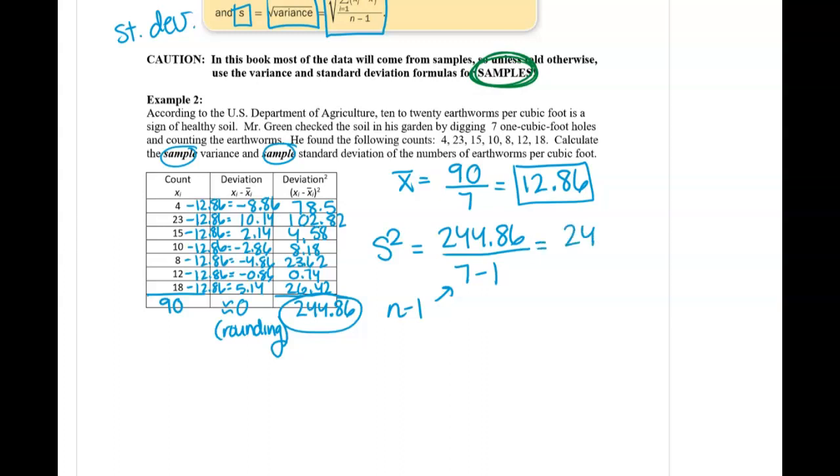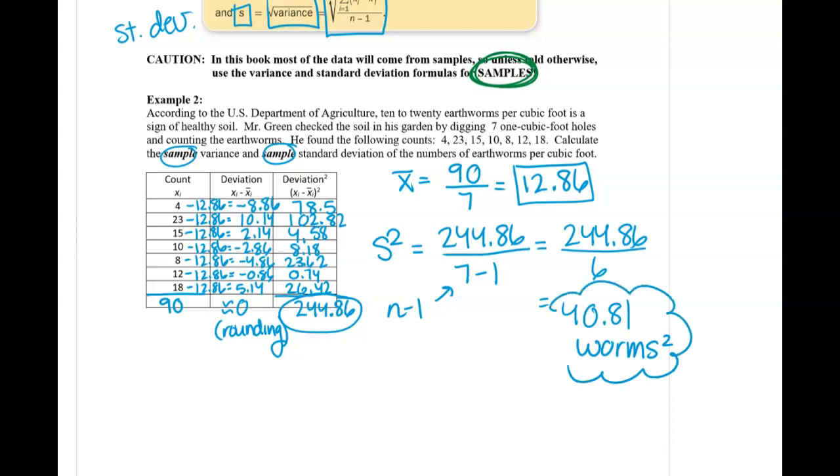And so if you divide 244.86 by 6, you get 40.81. Since the deviations were squared, and we're talking about number of earthworms, this is really worms squared, which, depending on my mood, kind of makes me giggle. But again, that doesn't mean much, like 40.81 worms squared.